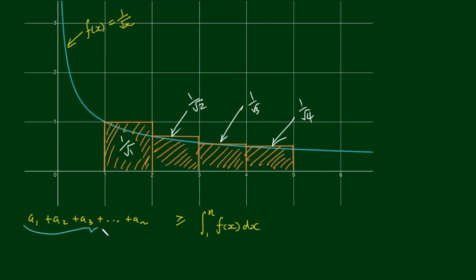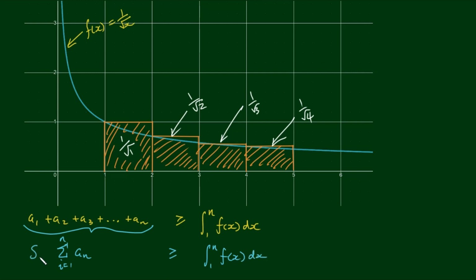And the left hand side of the expression can be written as the sum from i equals 1 to n of a sub i is greater than or equal to the integral from 1 to n of the function f of x dx.